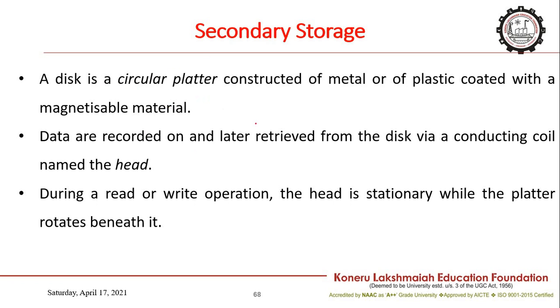A disk is a circular platter constructed of metal or plastic coated with a magnetizable material. As we know, a CD will be in the form of this. The lines will be written, the data will be written on the CD. We may have heard people say please don't touch it with bare hands because the data gets erased.